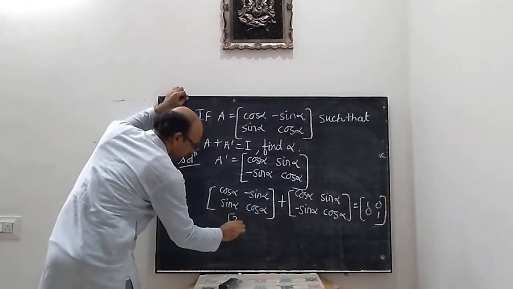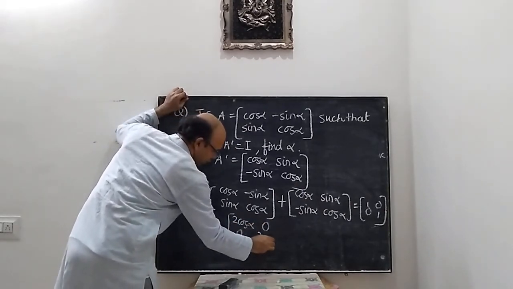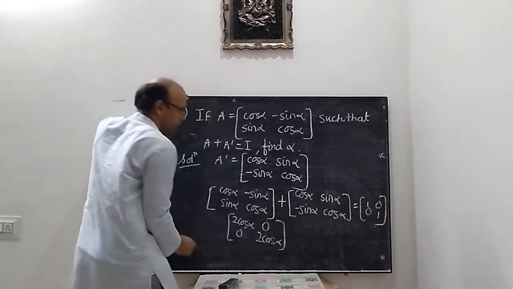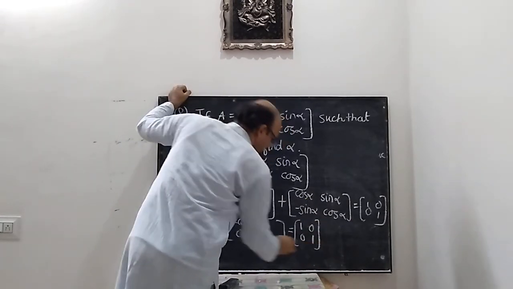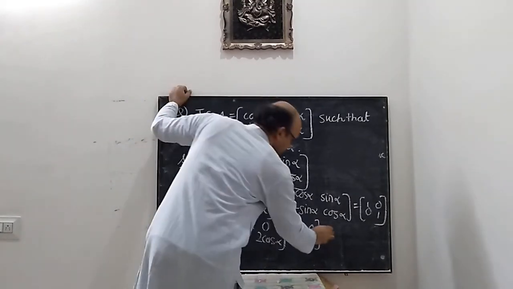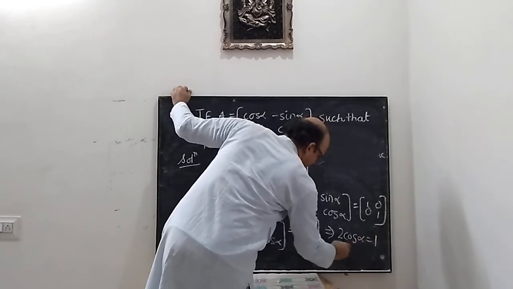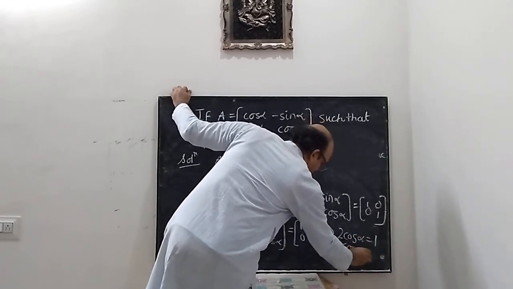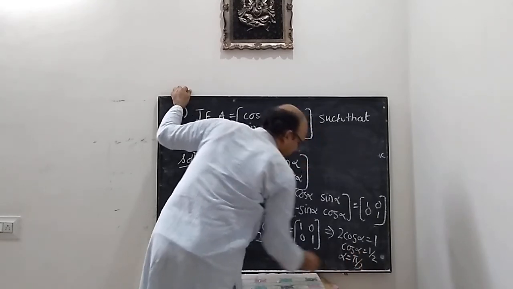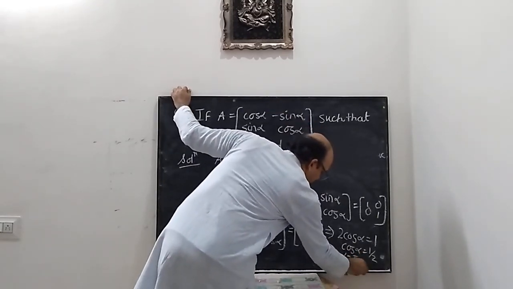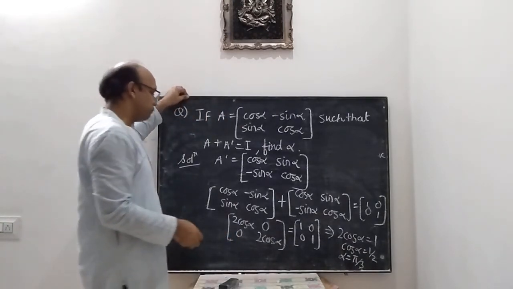This will give you 2 cos alpha, 0, 0, 2 cos alpha, equal to 1 0 0 1. On comparing, we get 2 cos alpha equal to 1. So cos alpha is equal to 1 by 2, and the value of alpha comes out to be pi by 3.